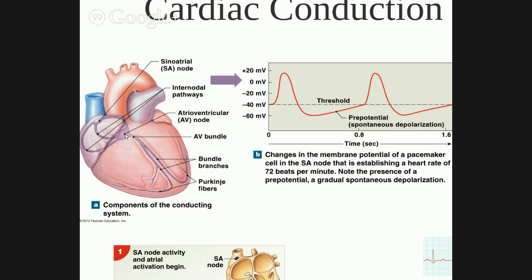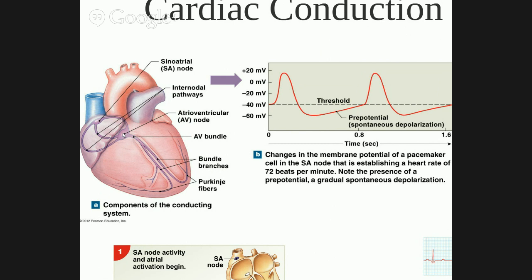When the SA node depolarizes, it sends depolarization spreading throughout all of the cells of the right and left atria. The AV node is in the wall of one of those atria, specifically the right atrium. So it's going to get depolarization spreading to it, whether we consider these three little lines here or not. So like I said, in some sources, they don't even put these internodal pathways in. They're kind of implied.